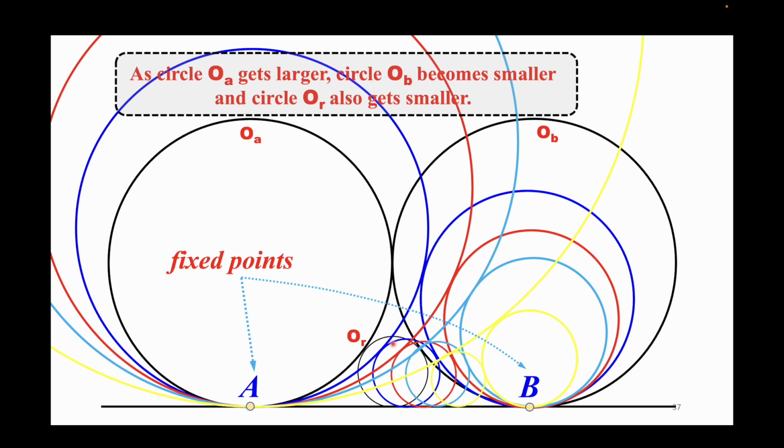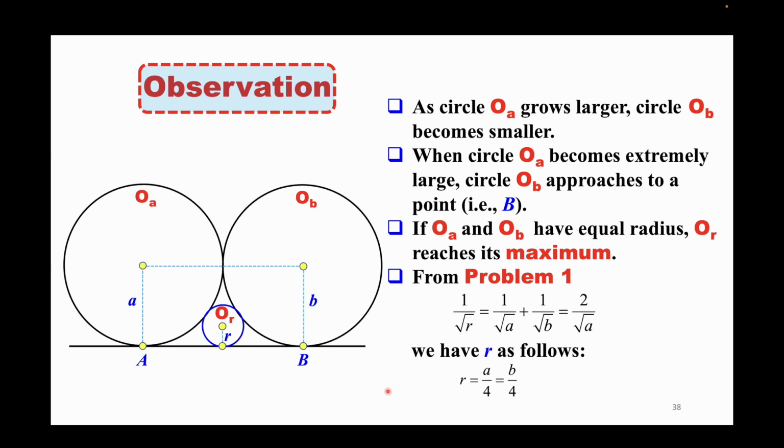And yet, OA is tangent to the fixed line at fixed point A. OB is tangent to the fixed line at fixed point B. So this is a very important observation regarding the fixed line and two fixed points, and the configuration OA, OB, and its derived circle OR. So we mentioned if OA goes larger, OB goes smaller. And if OA becomes extremely large, circle OB will become extremely small.